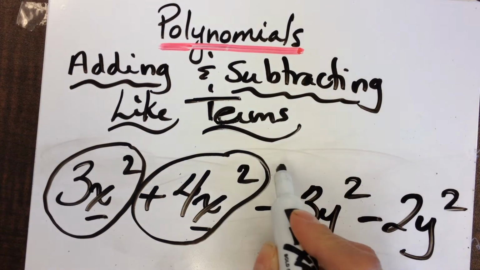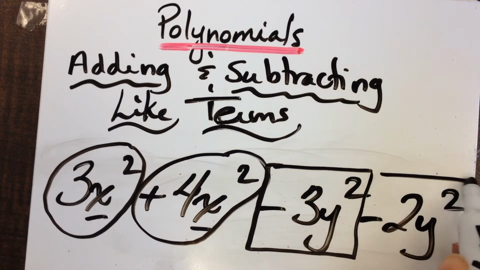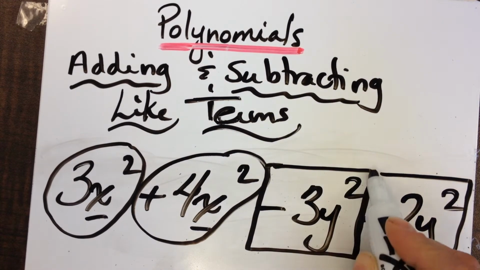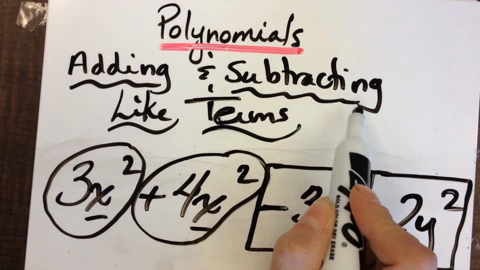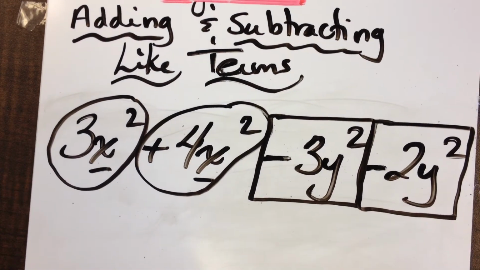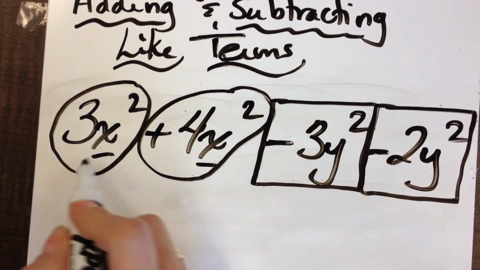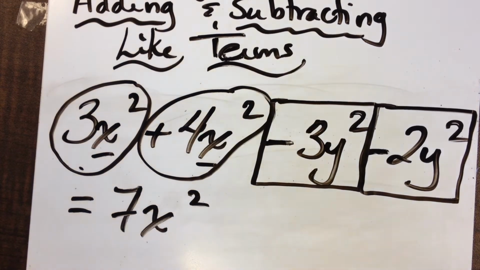This is a different family, so I'm going to use a block so that I know that these are different. And I'm going to keep the sign so I know what they are. I'm not going to worry about subtracting, because when I add negatives, it's as though it's a subtraction. And why do that when you can just add? So if I take 3x squared plus 4x squared, I have 7x squared.